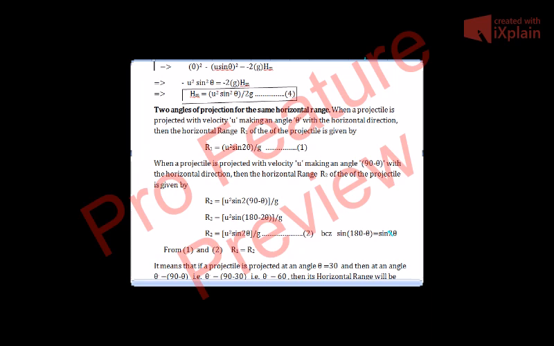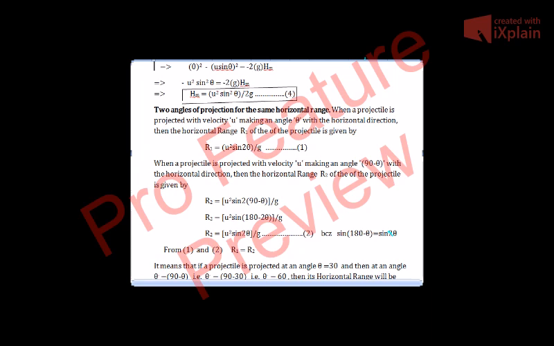Similarly, if one person throws it at an angle of 20 degree, then another person will have to throw it at an angle of 90 minus 20, that is 70 degree, so that the horizontal range is same.